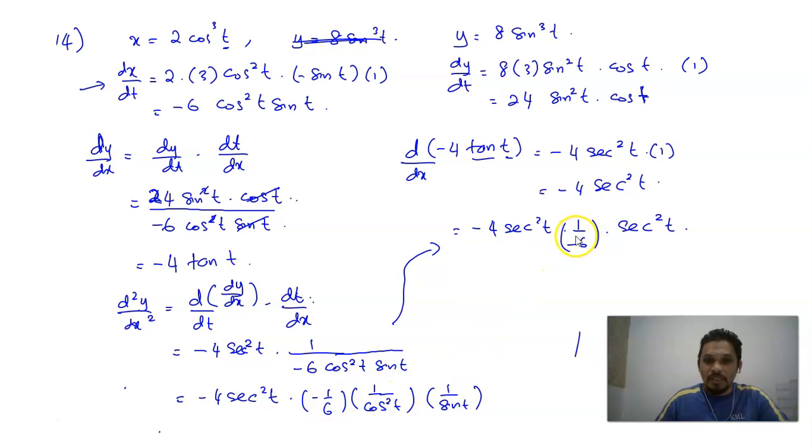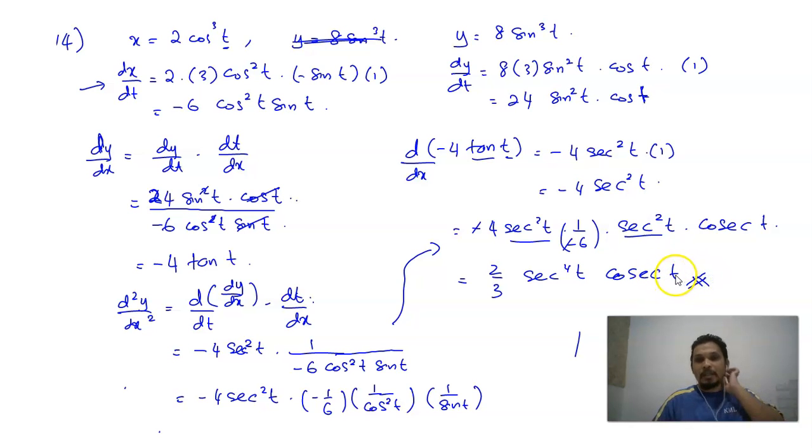Secant is 1 over cos, and 1 over sine is cosecant t. Negative 4 divided by negative 6 is 2 over 3, and secant squared times secant squared gives secant to the power of 4 t, times cosecant t.